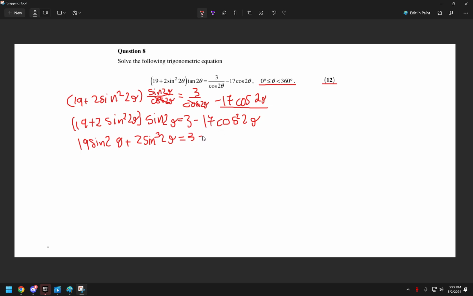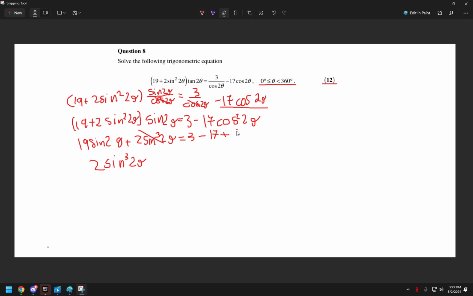Actually no, because you want to turn this cos squared 2 theta into sine squared 2 theta. So the minus 17 remains the same, and instead it would become a plus 17 sine squared 2 theta. Now if you bring it all to one side, you would get 2 sine cubed 2 theta. Wait, this is wrong.